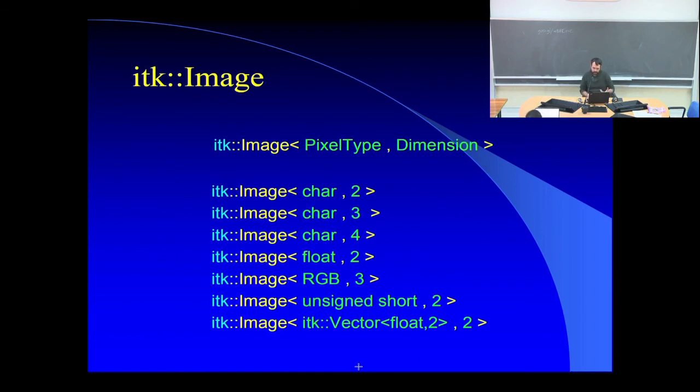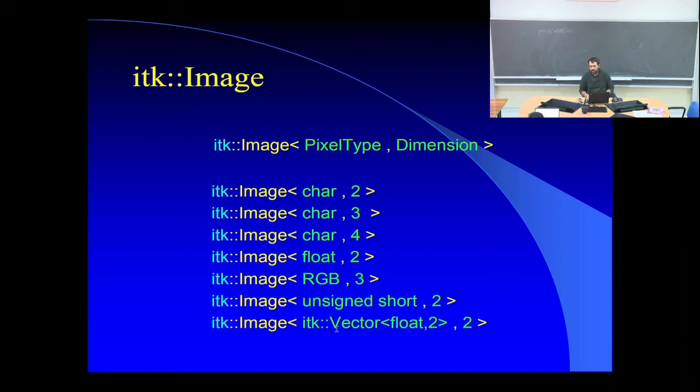You'll have an image, and as I said, it has a pixel type and a dimension, so you can have an image of chars of two dimensions, of characters of three dimensions, four, etc. RGBs, unsigned, even an image of vectors. Okay? So each pixel is not a single value, but a vector. That could also be the case. Alright?